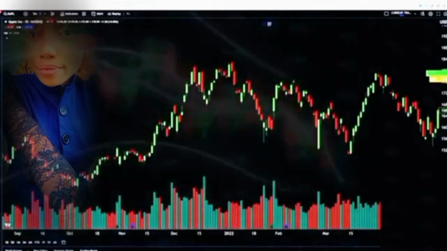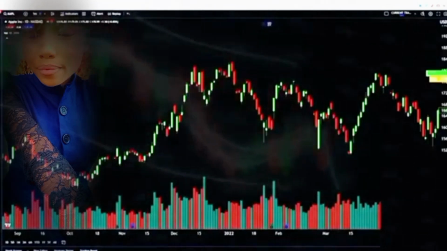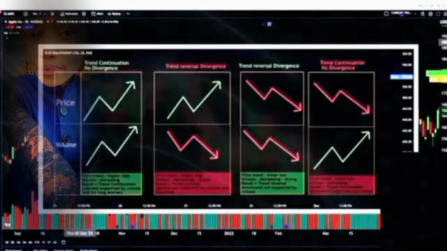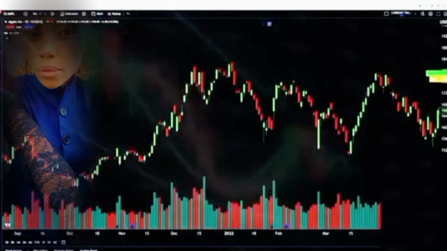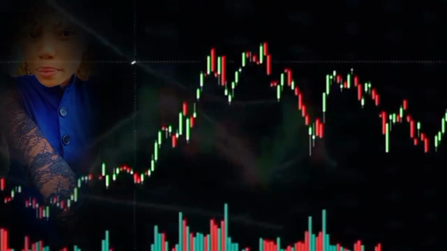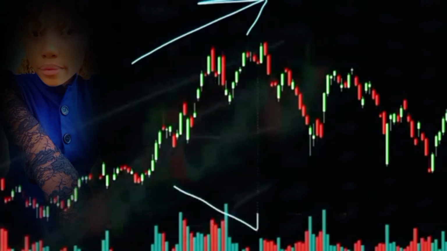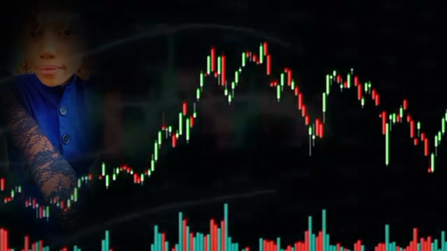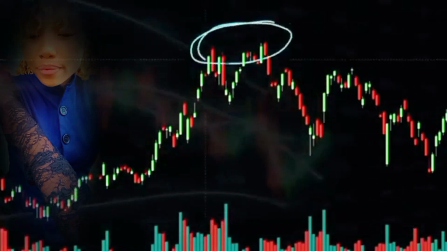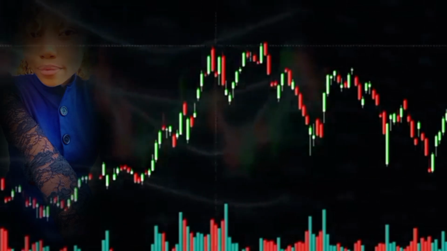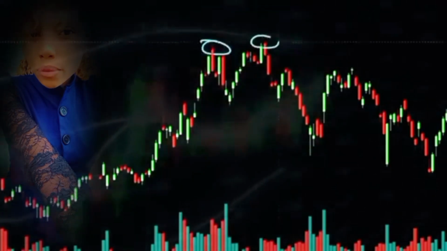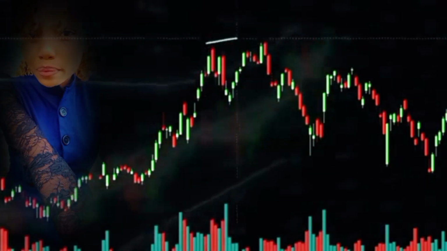Another way to use volume to identify reversals is to look for divergences. And what do I mean by this? Well, a divergence is when we have the price going in one direction while the volume is going in the other direction. So, for example, as you can see right here, we're looking at the Apple daily chart. You can see that from this point to this point, the price printed a slightly higher high.